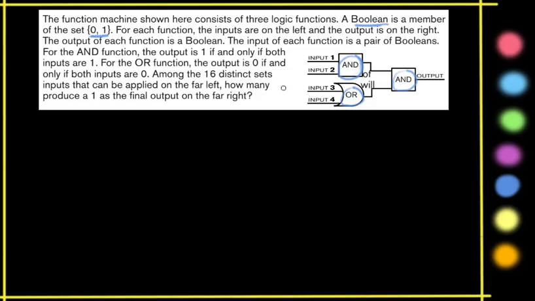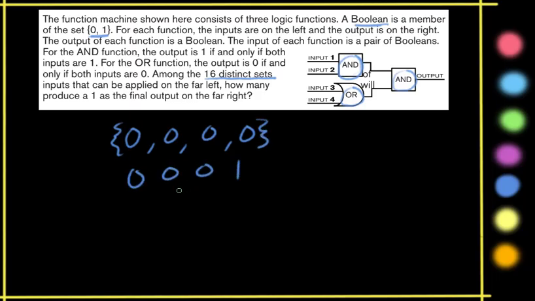So now it comes to the question. It says, among the 16 distinct sets of inputs. Okay, what does it mean by the 16 distinct sets of inputs? So there are 4 inputs. So for example, one way you could have the inputs is you could have 0, 0, 0, 0. That's one set of inputs that you could have, right? Or you could do 0, 0, 0, 1, or 0, 0, 1, 0.